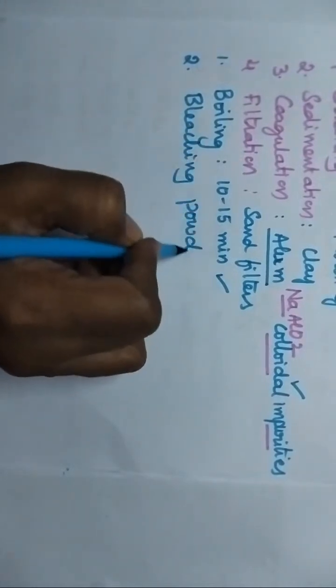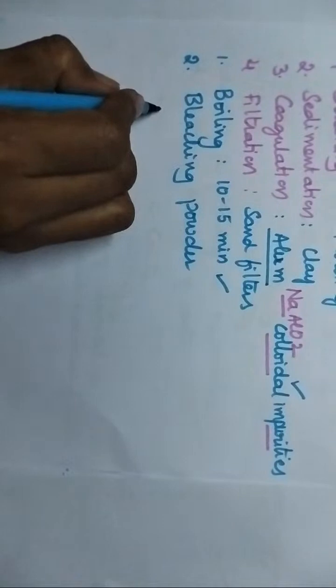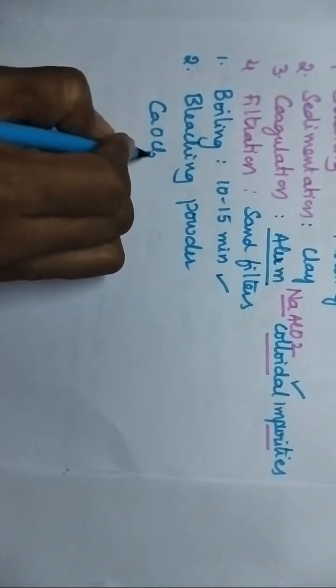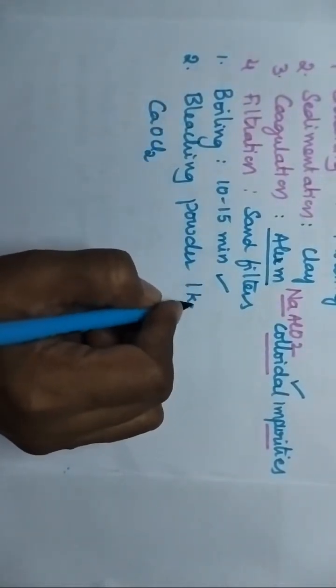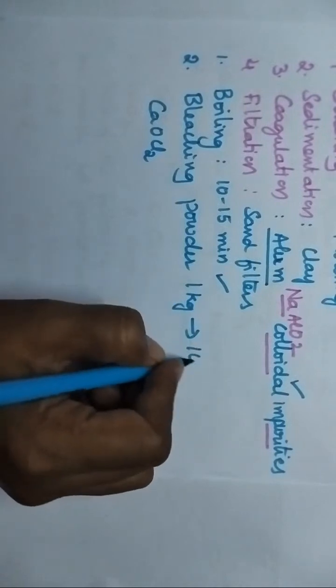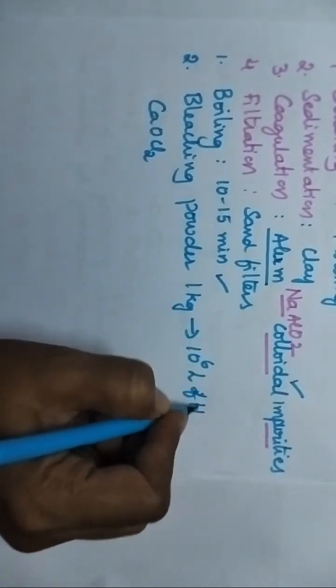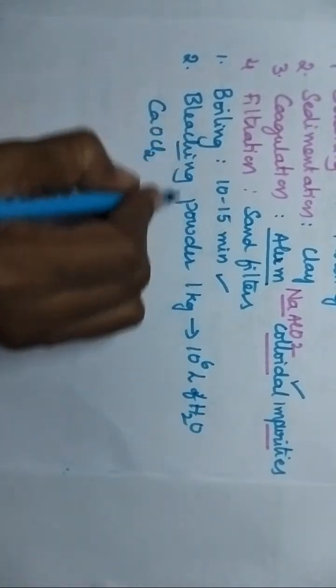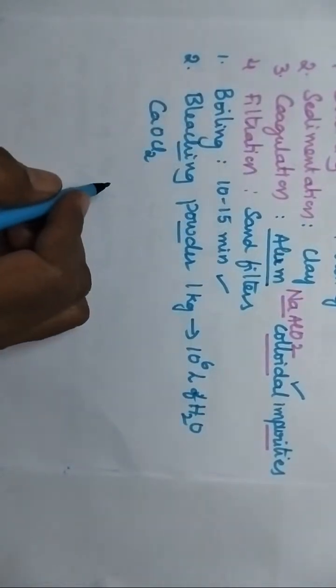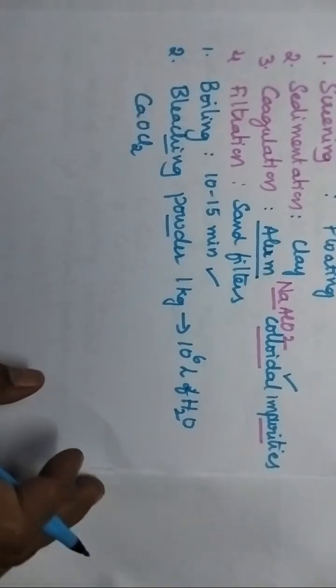Bleaching powder means calcium oxychloride. Especially 1 kg of bleaching powder can be added to 10 power 6 liters of water. Always a calculated amount of bleaching powder should be added, otherwise it produces an irritating odor to the water.